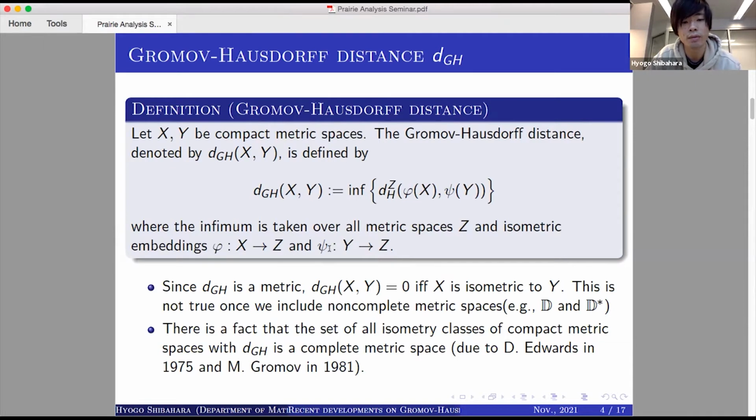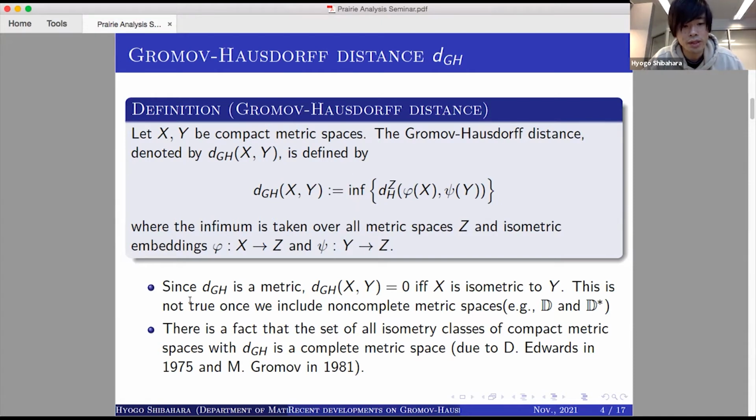So roughly speaking, what this metric measures is that if you take two compact metric spaces and try to make these two spaces as close as you can, that actually defines a metric here.